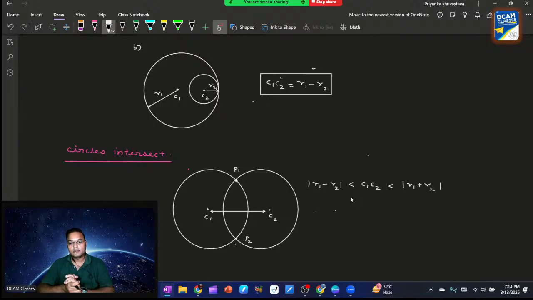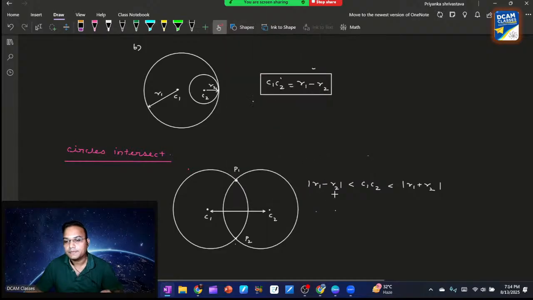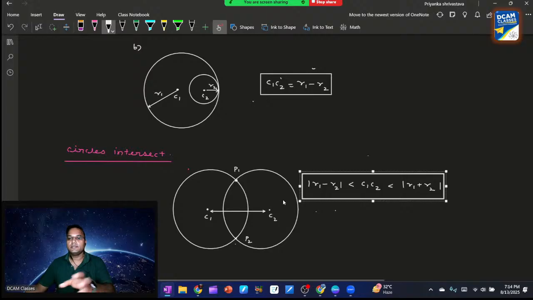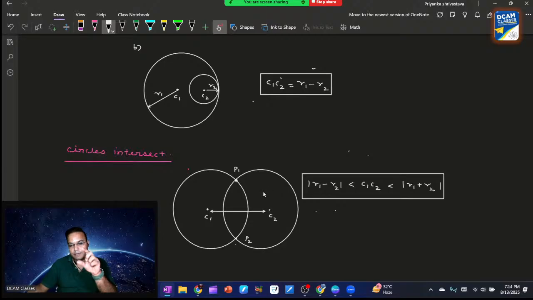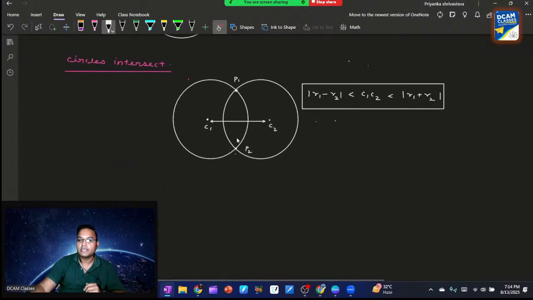This you can understand through observation only. R1 minus R2 means it's completely inside. R1 plus R2 is completely outside, just touching. And in between anything is possible, means they are intersecting.